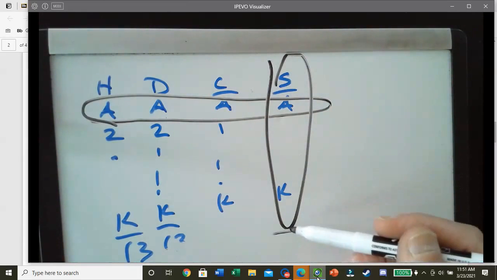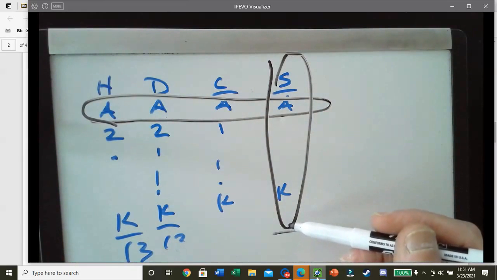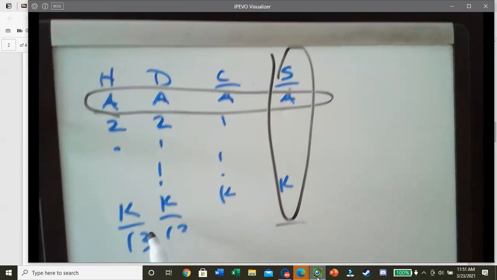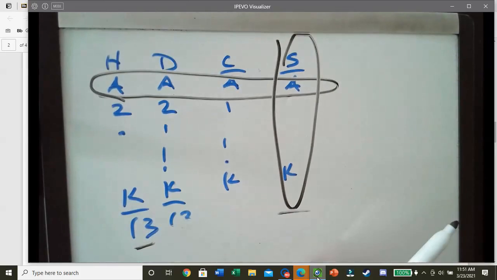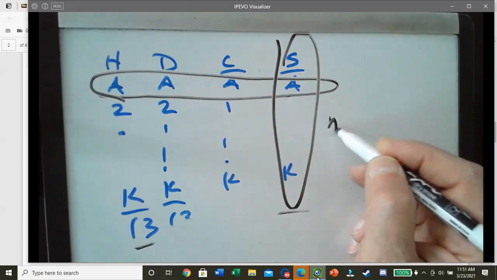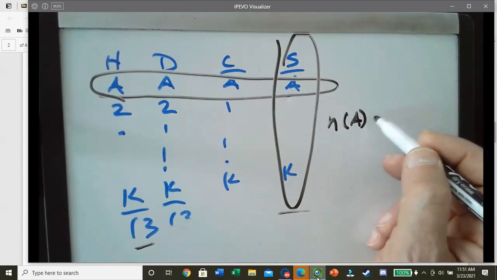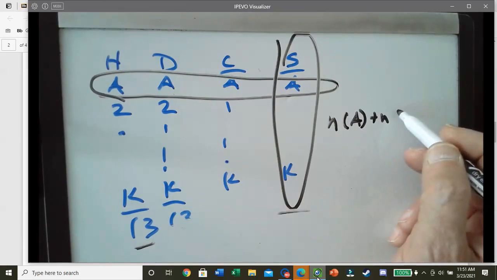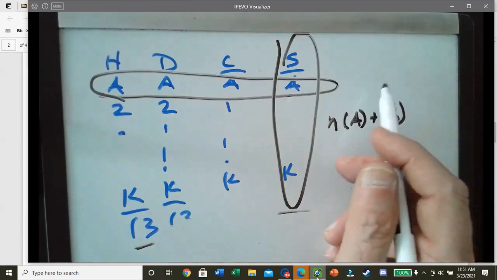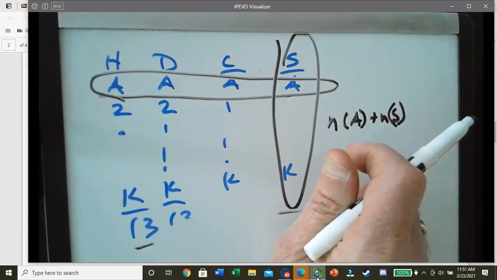Well, each suit has 13, right? So we're talking about the number of aces plus the number of spades. But do we have anything that's counted twice?